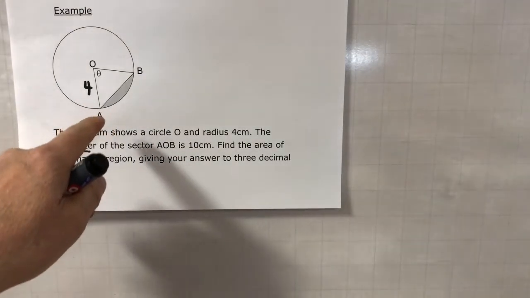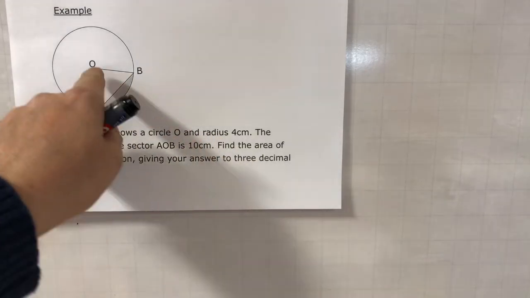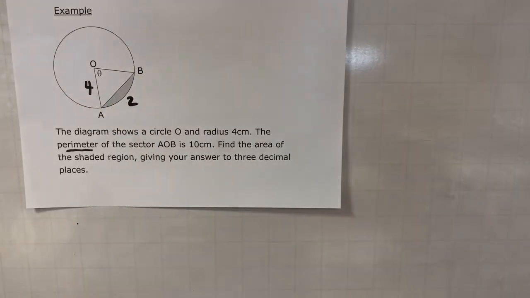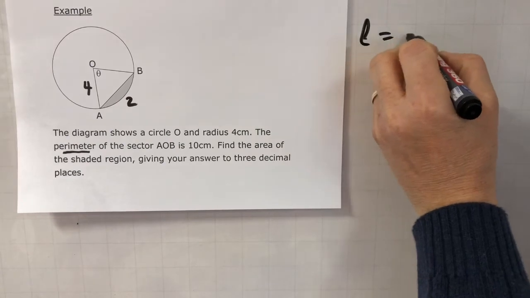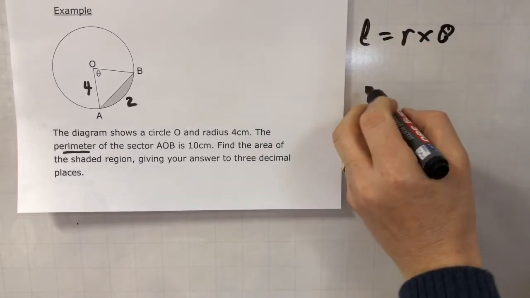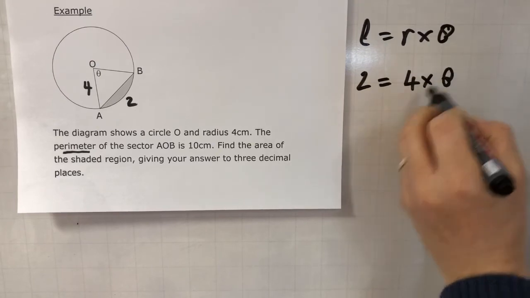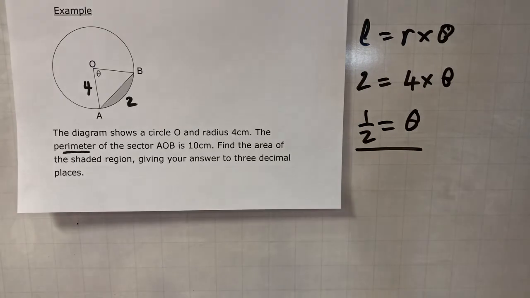So therefore we have got that 4 and 4 makes 8, so the part there is 2. So quoting the formula, length equals r times theta. 2 is equal to 4 times theta, which means that the angle must be a half, very similar to the last example.